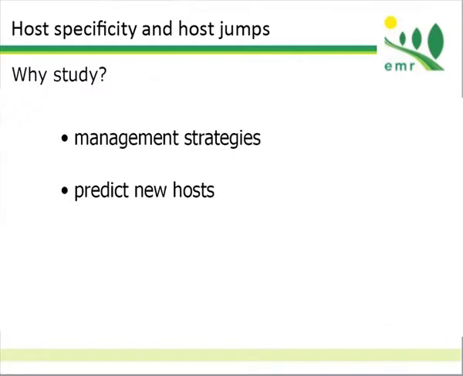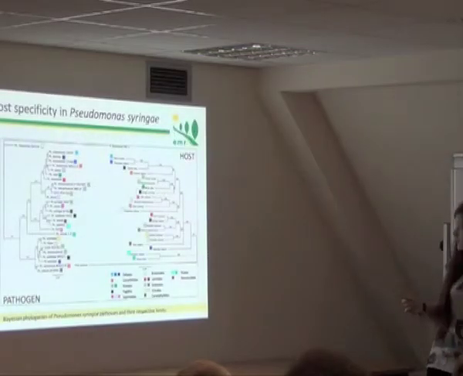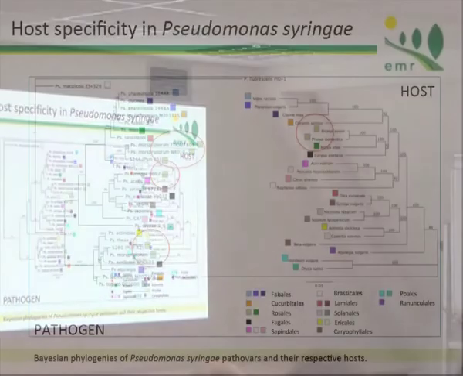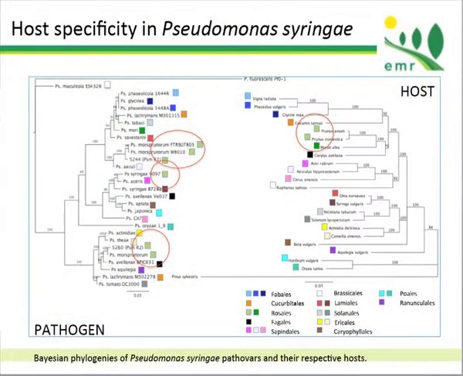So, in Pseudomonas syringae, which I'm focusing on, I've created two phylogenetic trees, which are a little bit blurry. This is the pathogen, and this is the corresponding host, and they are labelled by plant order. If we expect host specificity to be vertically inherited, so that phylogenetically related strains infect phylogenetically related hosts, we would see congruence between these two trees.